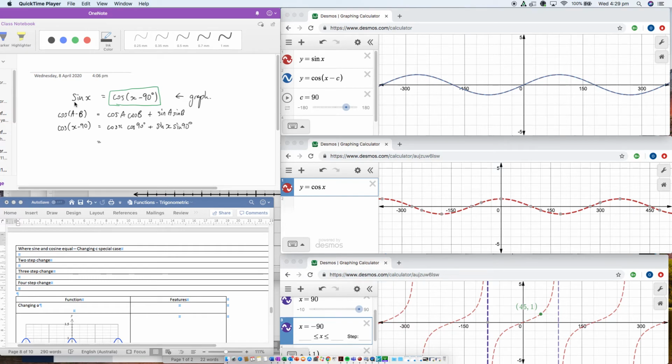Let's evaluate. Cosine x stays the same, times by cosine 90, which we know is 0. We can see that on our graph over there as well, it's 0. Plus sine of x times by sine 90, which is 1, right? So the cosine x times 0 goes to 0, and then sine of x times 1 is just sine of x. So we've just shown it using our trig identity.